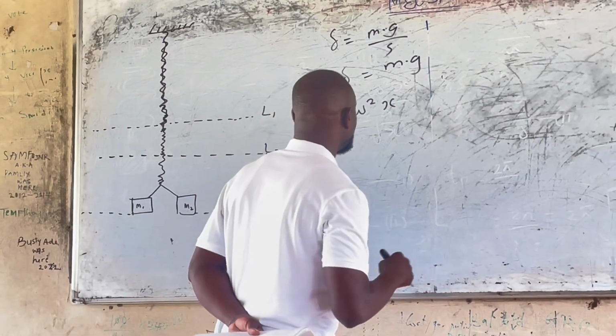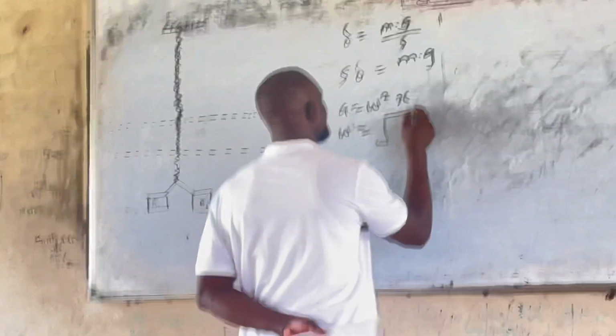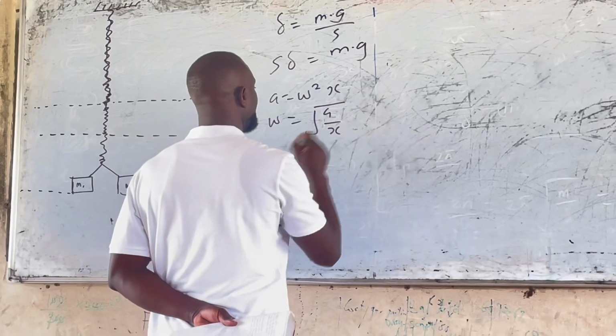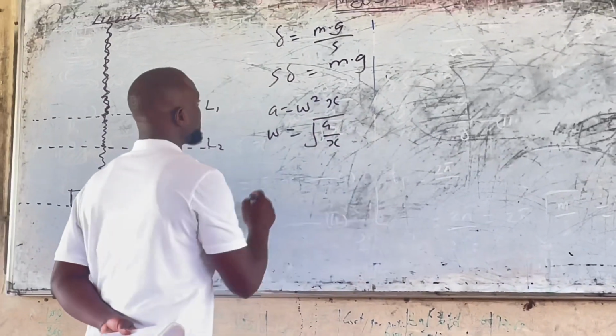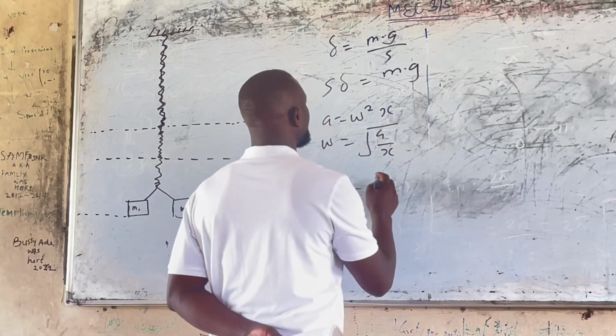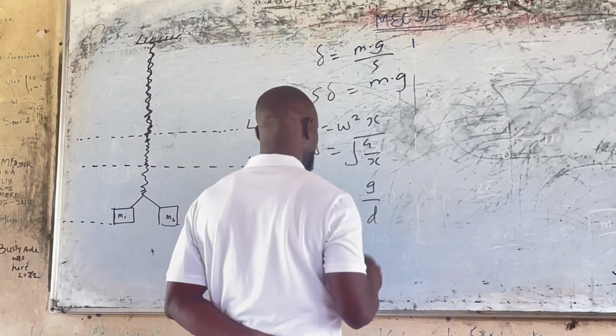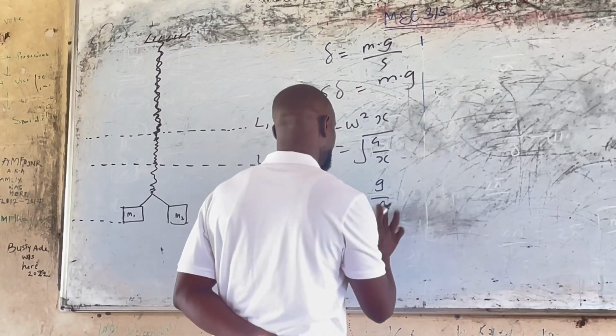Yeah. W got to square A was... M over X is got to what? G over D, over delta, right? Delta.